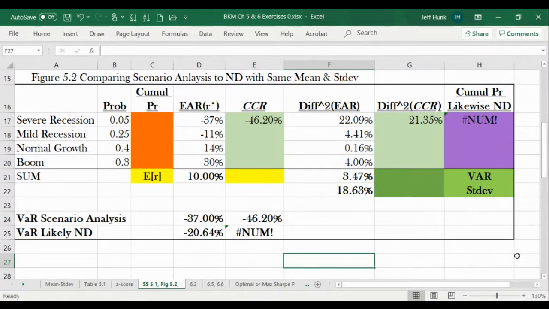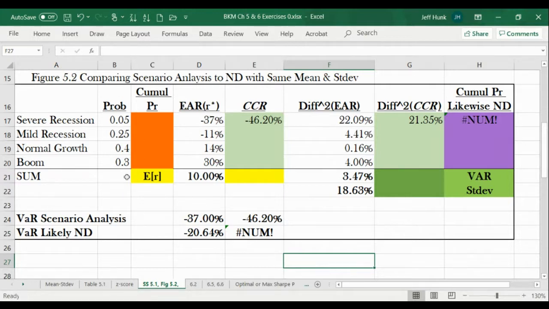And what would a normal distribution with the likewise mean and standard deviation give in cumulative distribution, cumulative probabilities and value at risk? So let's take a look at this.